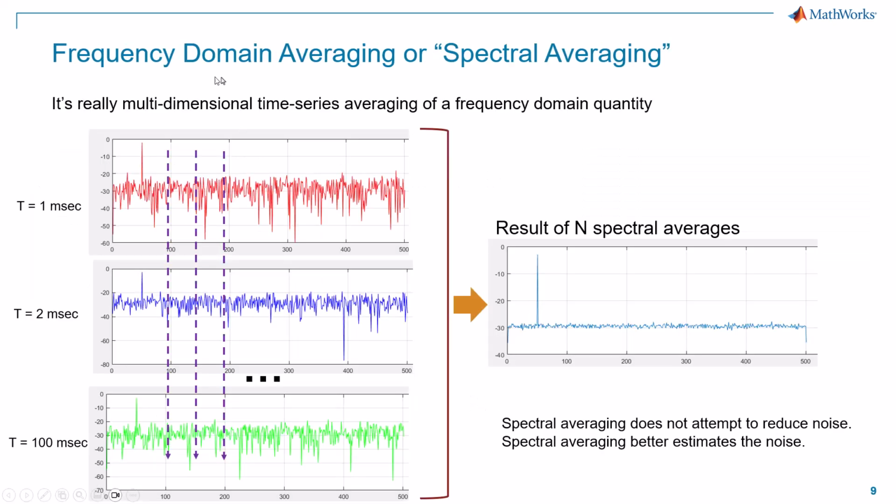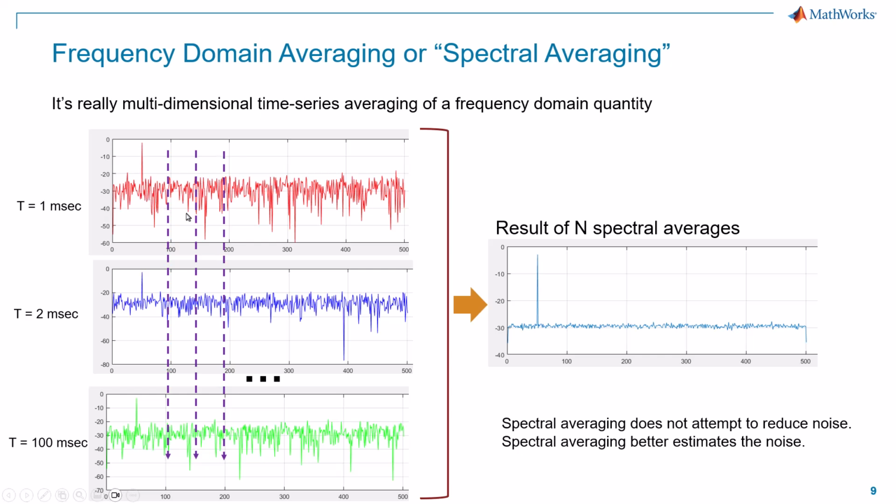I want to get into frequency domain averaging, also called spectral averaging. Really, it's still time series averaging of a frequency domain quantity. At its core, it's still averaging across time.